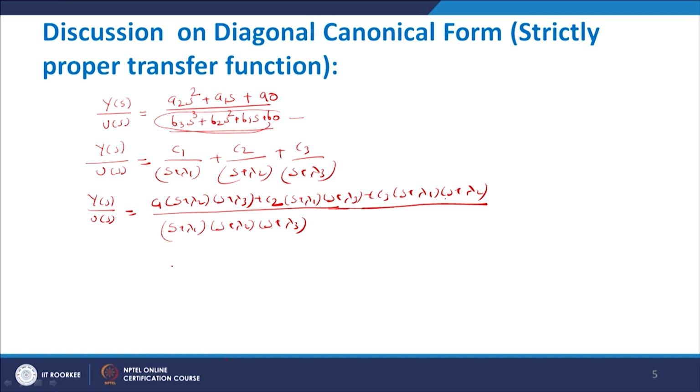Now, this a2 s square plus a1 s plus a naught and this are both the same. So, we can compare this equation with this equation.